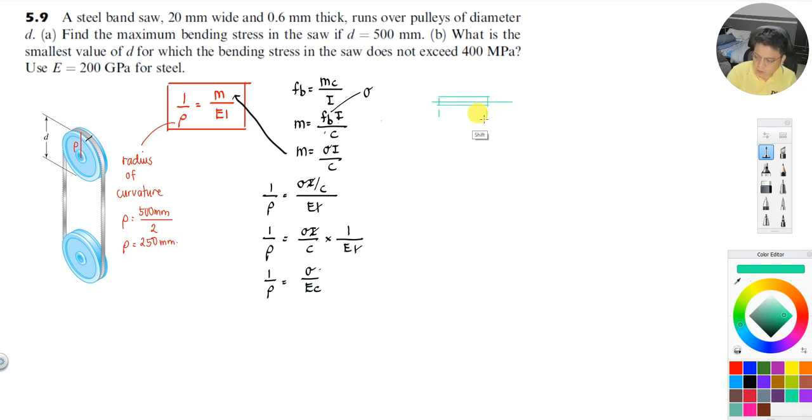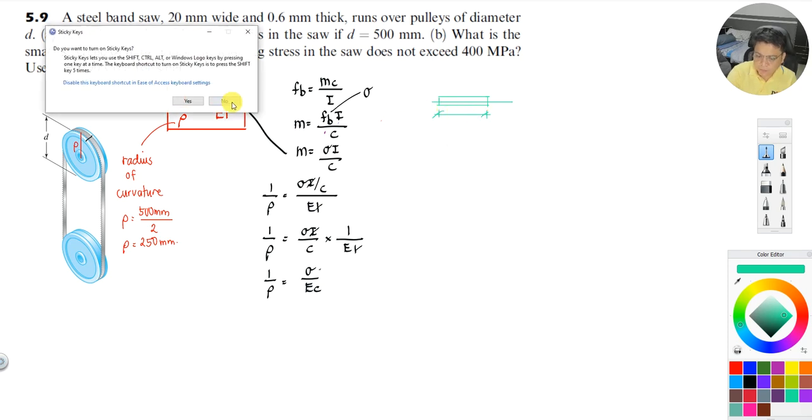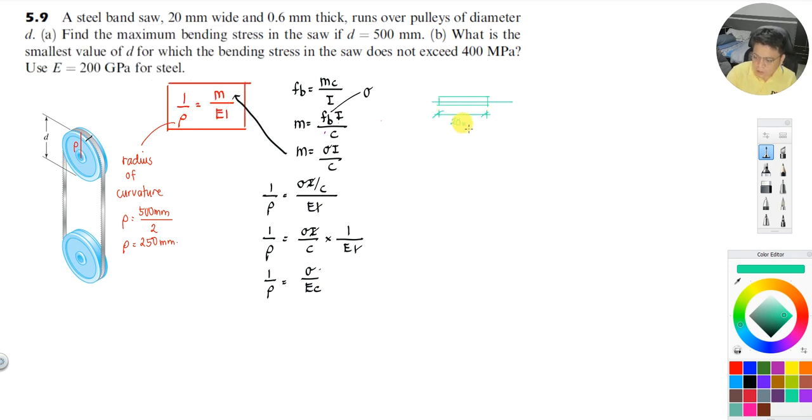Ito daw yung 20, sabi niya, it is 20 millimeter wide and this is around 0.6 millimeter thick. So, yung pinaka-siko from the center hanggang dun, kalahati lang. So, that's around 0.3 millimeters. So, that would be the value of our C.